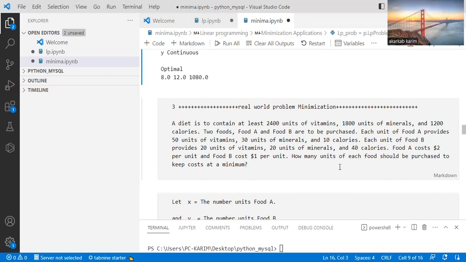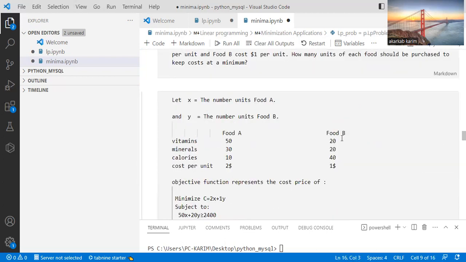Well, we want to minimize our cost, our price, when we purchase both food A and B. I summarize the information in this table.